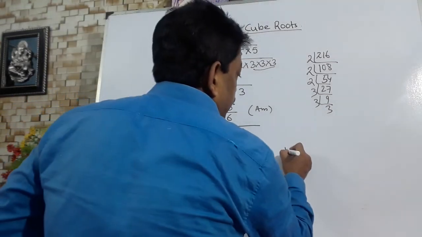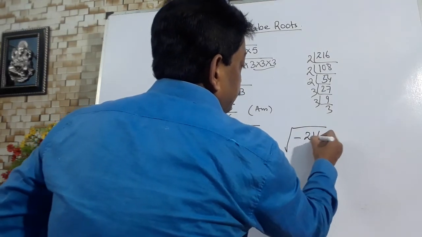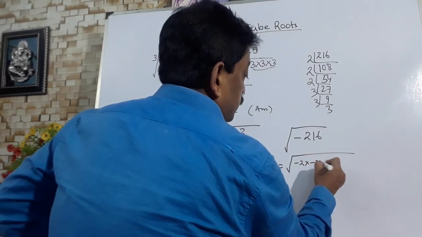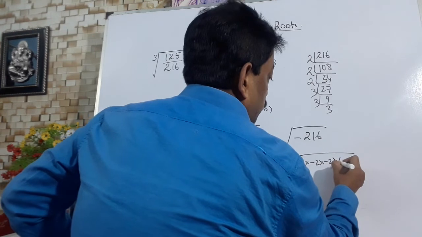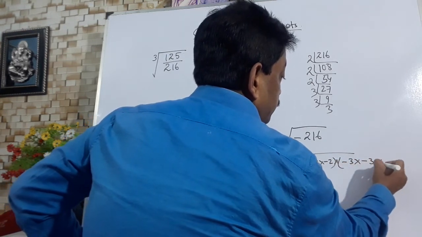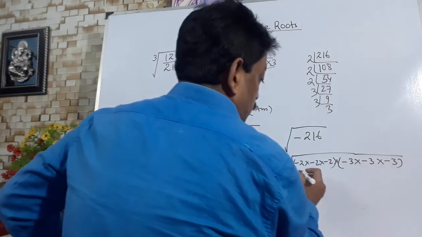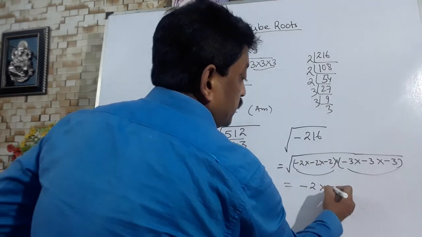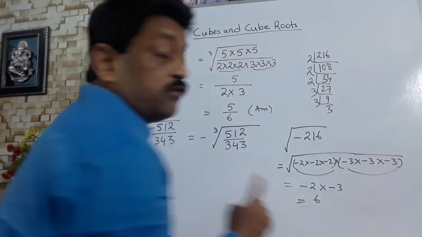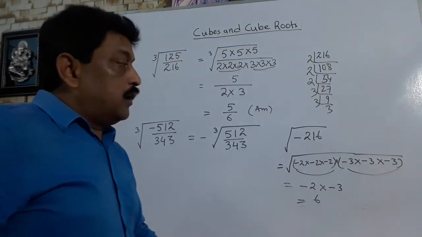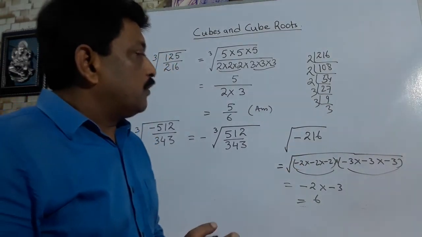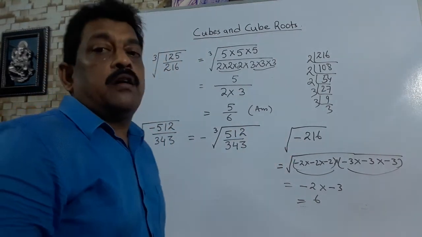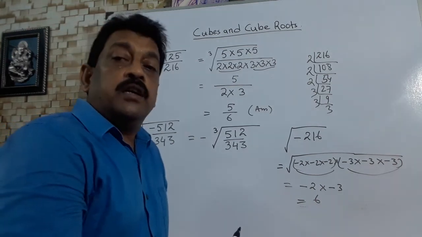I want to say that if you write minus 216 in this way, minus 2 into minus 2 into minus 2 into minus 3 into minus 3 into minus 3, and if you take one member from each triplet, then minus 2 into minus 3 will become plus 6, which is wrong. We cannot keep it like that. So it is advisable to take this negative sign out always before finding the cube root.